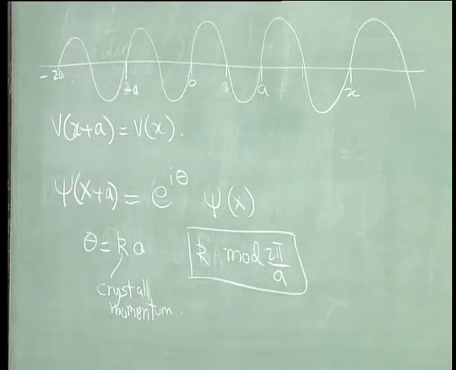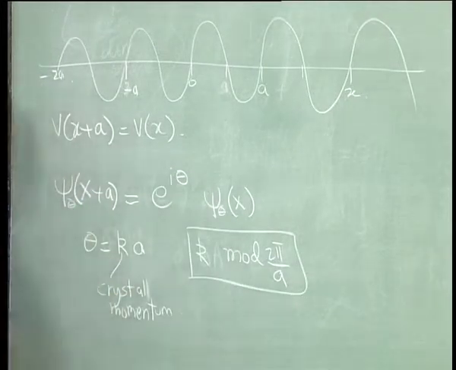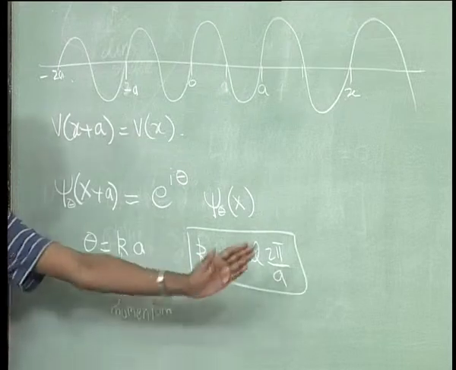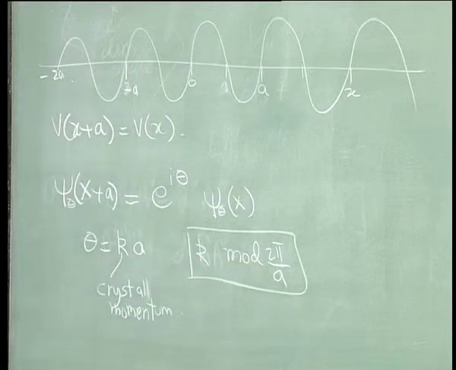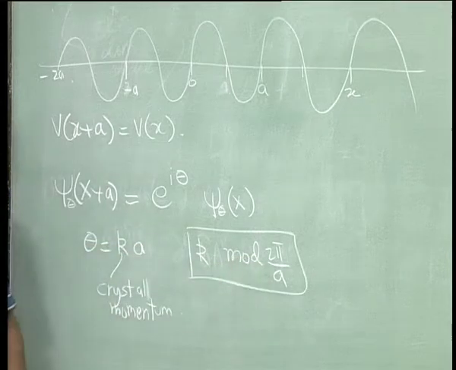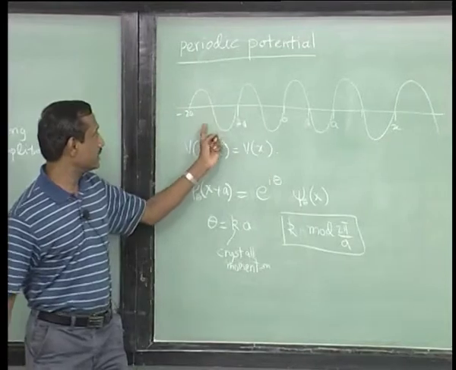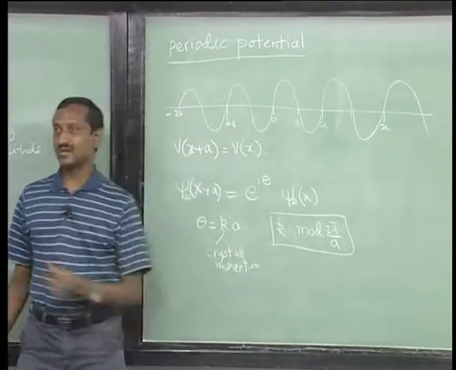Okay. But the key point here is that this is a characteristic of the wave function, so we can say that it carries a label theta, psi of theta. Theta goes from 0 to 2 pi over a, or minus pi by a to plus pi by a, which is called the first Brillouin zone. So k will take values within that, and then the mod 2 pi over a is taken care of. But the point is that you started out with a discrete set of ground states.